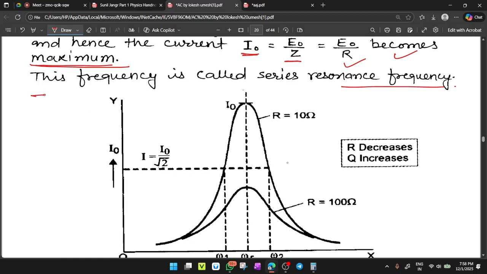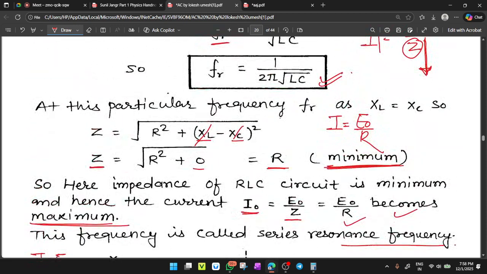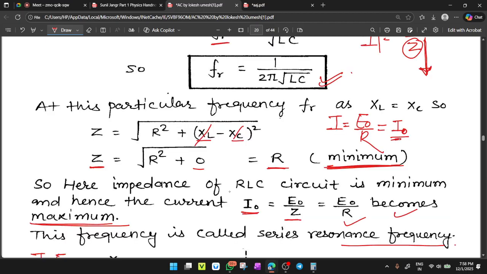We have the formula I equals E naught by R. Check here: this is the resonating frequency, and these are the surrounding frequencies omega 1 and omega 2. At resonating frequency, the current flowing is I equals E naught by R, which equals I naught.